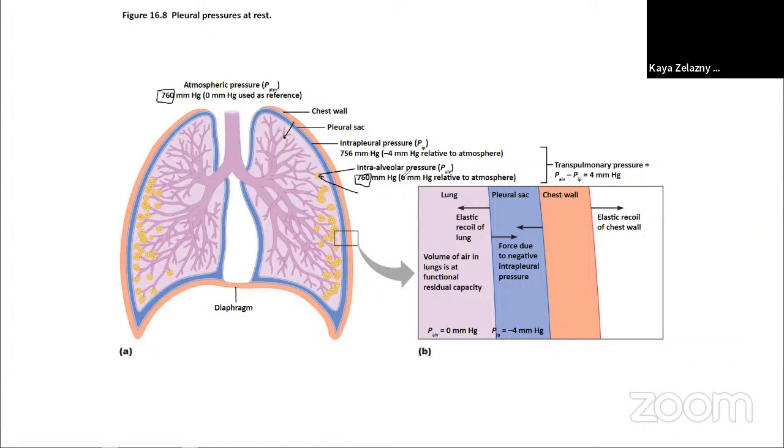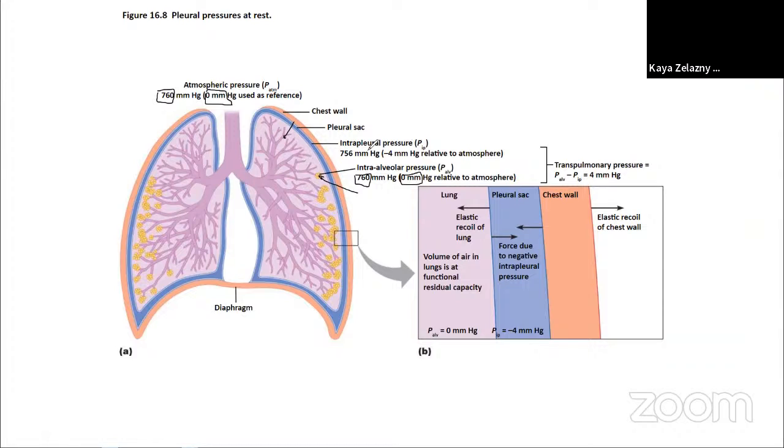So we'd subtract away the 760 and we'd just say they're both at 0. Okay. So in this case, do we have air moving in or out of the lungs? Is there a gradient? No, there's no gradient. So at this point, there's no physical flow of air happening when these two pressures are the same.